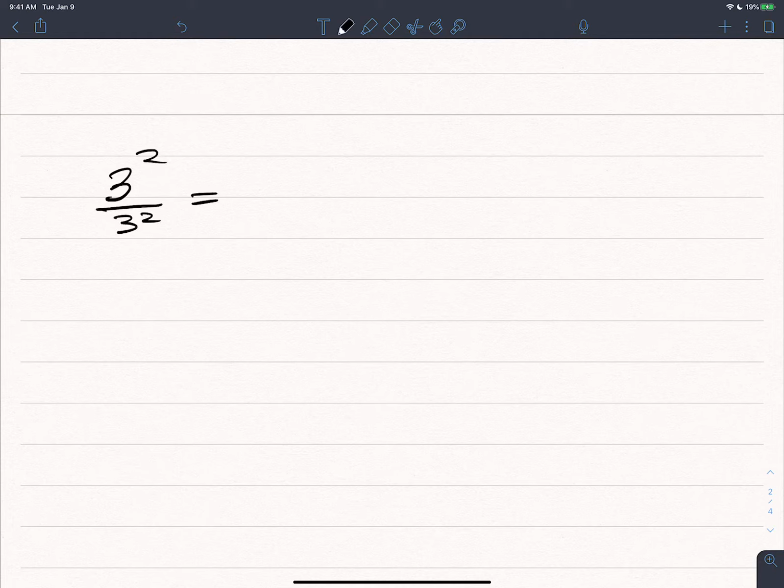If we follow the quotient rule, we're dividing and the bases are the same, so we get 3 to the 2 minus 2. And 2 minus 2 is 0, so we expect to get 3 to the 0.